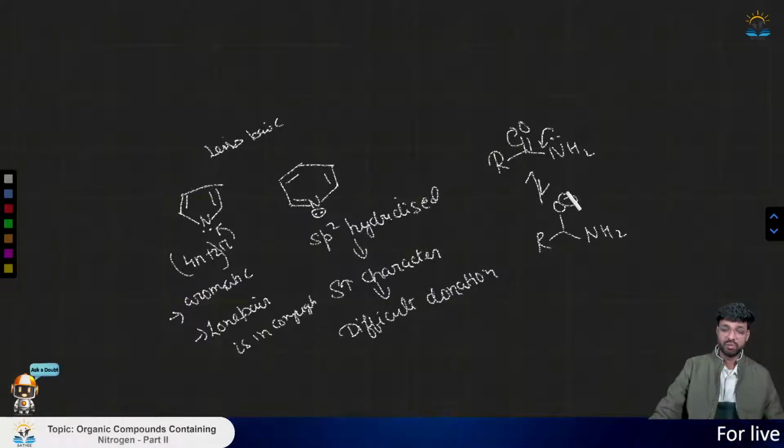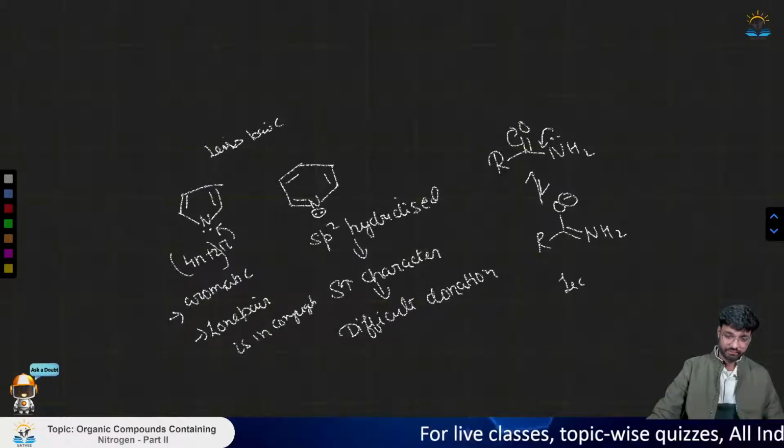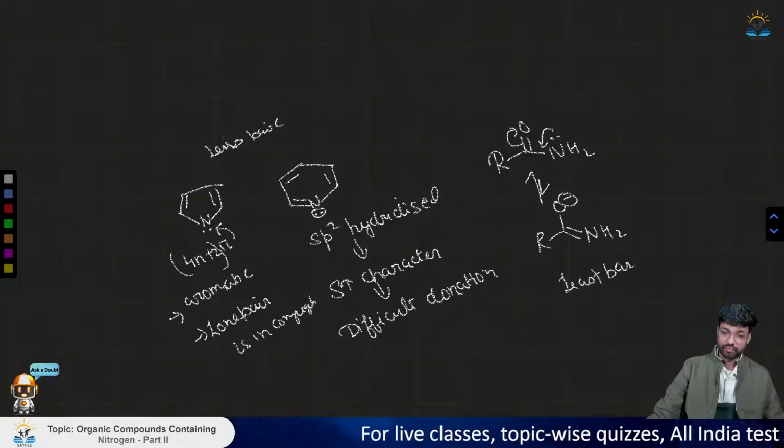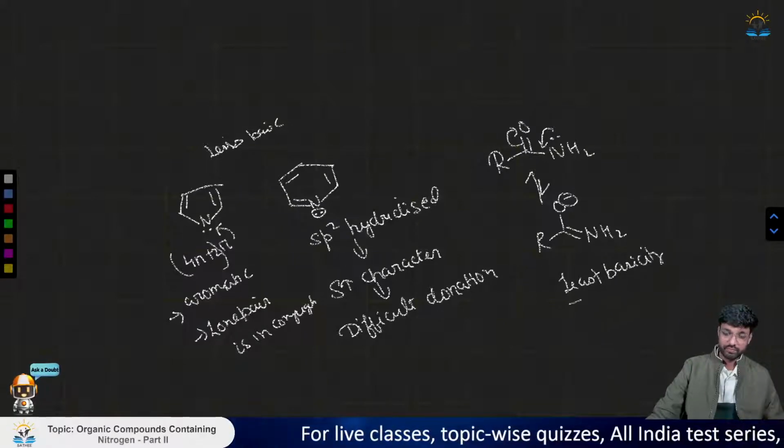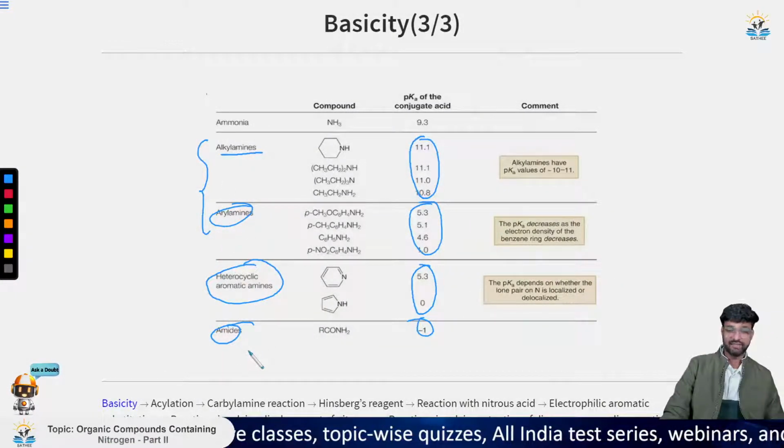But most of the time the charge is on the oxygen as compared to this one. Due to this reason, it has a lower basicity, or you can say least basicity. So this is the reason for the order that we have here.